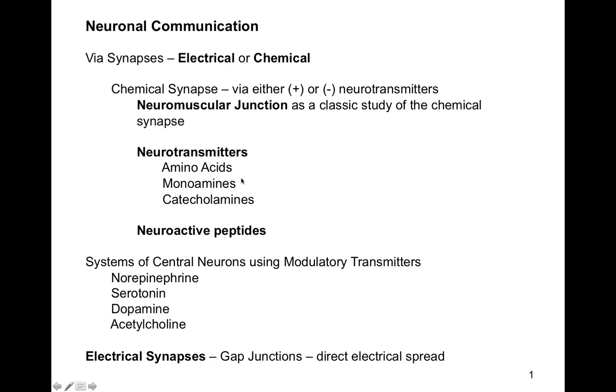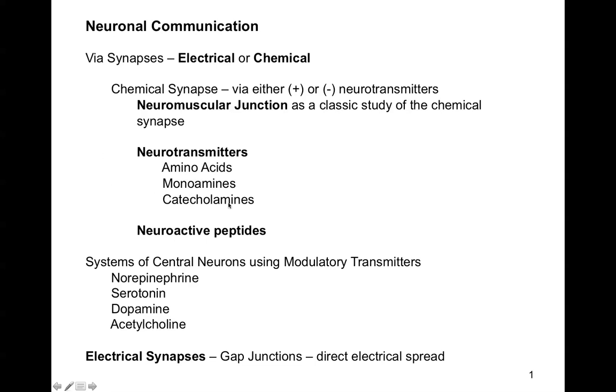Monoamines refers to a neurotransmitter that is derived from a single amino acid that's then been modified chemically. An example of a monoamine neurotransmitter is another category called catecholamines, a group of neurotransmitters that are derived from tyrosine. Okay, and we'll see examples of that.